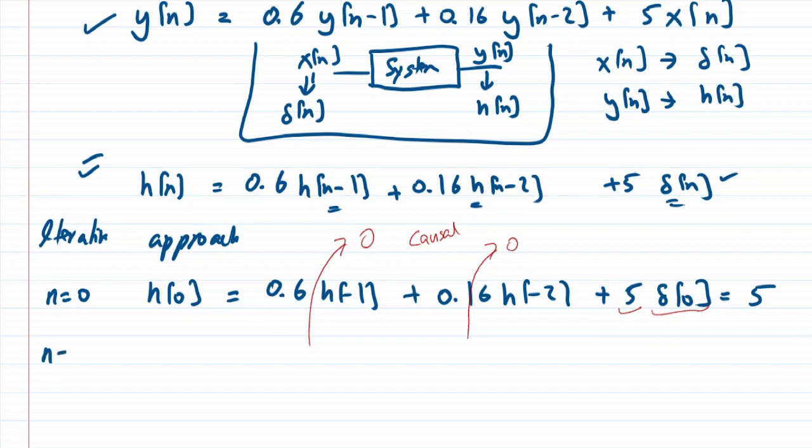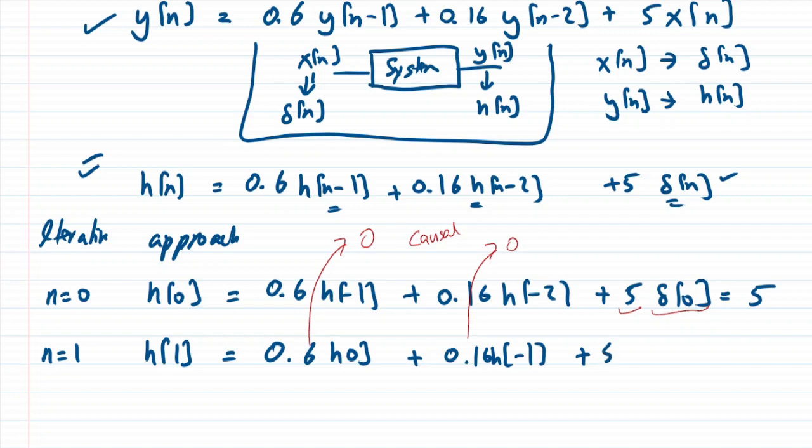Similarly, when n is equal to 1, so we have the time unit 1, h of 1 equals 0.6 h of 0 plus 0.16 h of minus 1 plus 5 delta of 1.